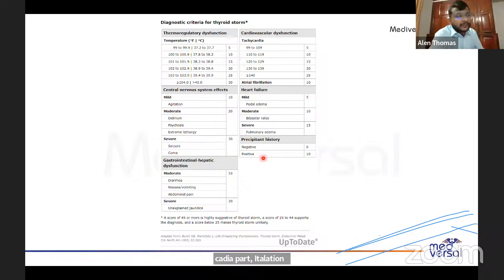A score of more than 45 is highly suggestive. It's not confirmatory, but it's highly suggestive of thyroid storm. A score of 25 supports the diagnosis. A score below 25 makes thyroid storm unlikely.